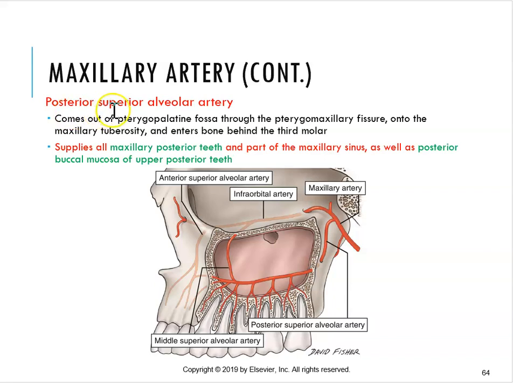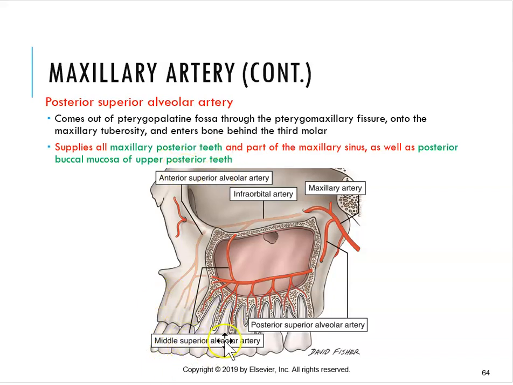So here again, the posterior superior alveolar artery hits all the posterior teeth. The middle superior alveolar artery hits the middle, so the premolars and possibly even the first molar. And the anterior superior alveolar artery reaches the anterior teeth. If I wanted to numb just the anterior teeth, this artery has to be affected.